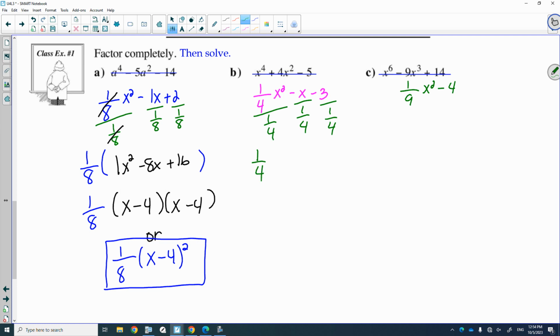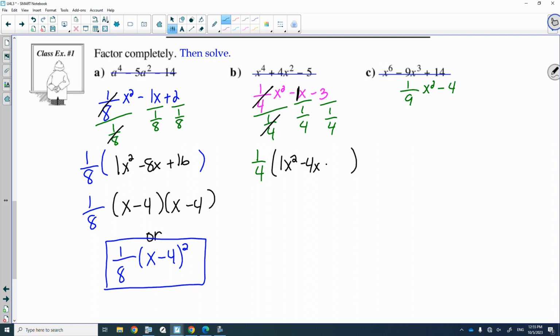That goes in front. That's essentially a GCF. The answer goes in the bracket. So a quarter divided by a quarter will give you 1. And then -1 divided by a quarter. Marco, what would that be? -4. Yeah, it'd be -4.